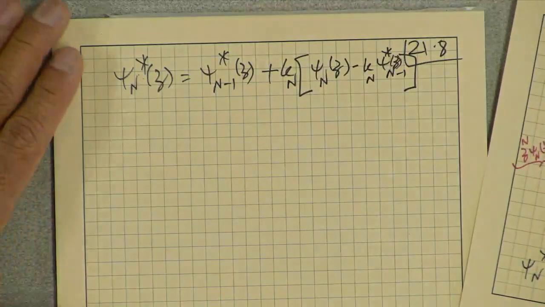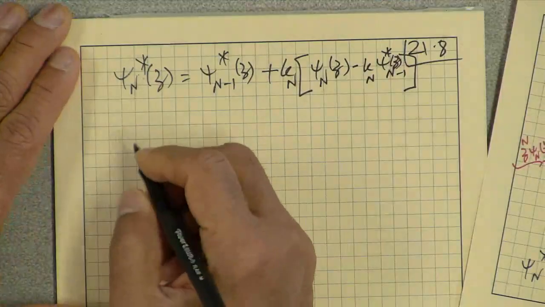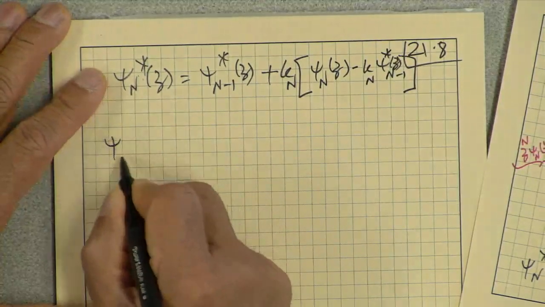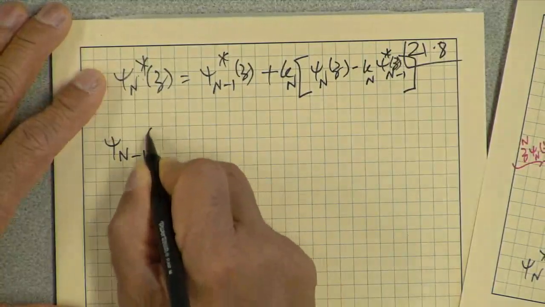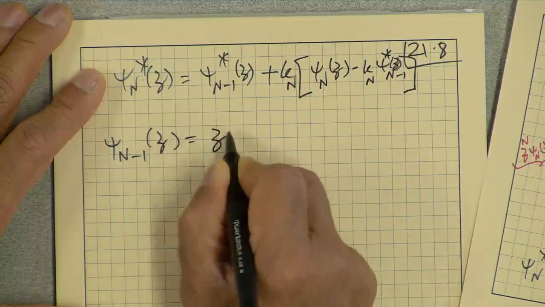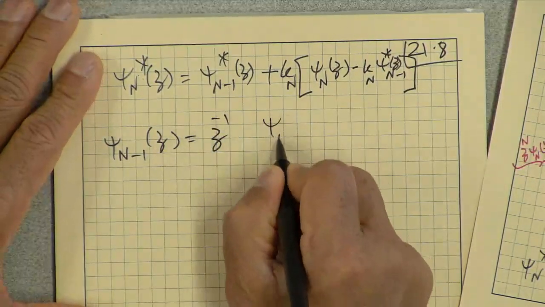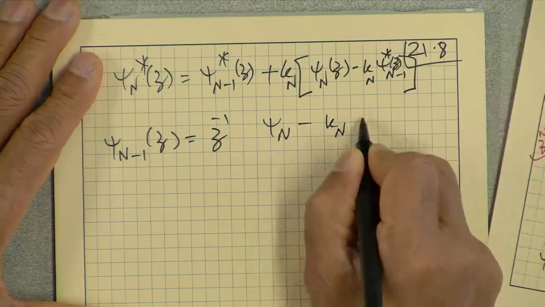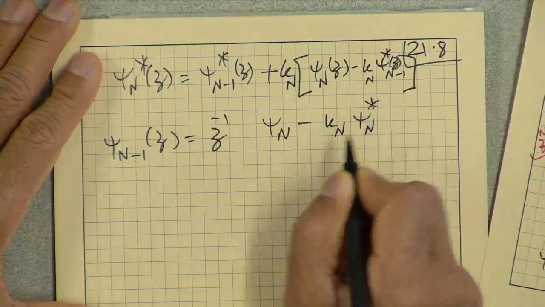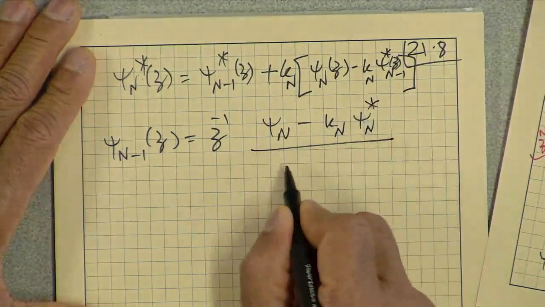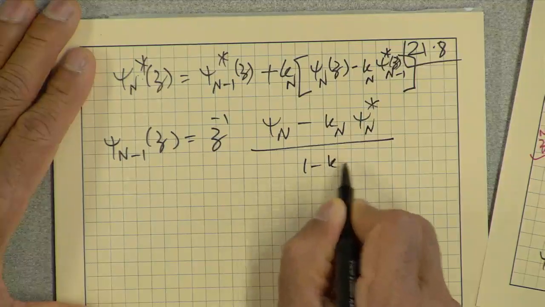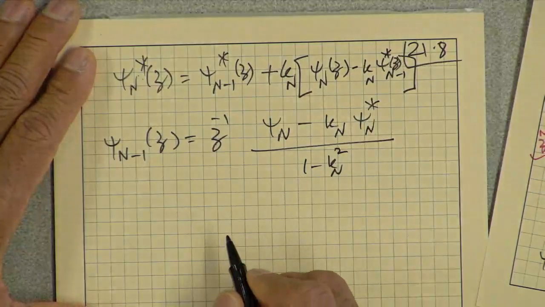Okay, so the degree reduction process: psi n minus 1 is equal to z to the power minus 1 times psi n minus kn psi n star, divided by 1 minus kn squared.